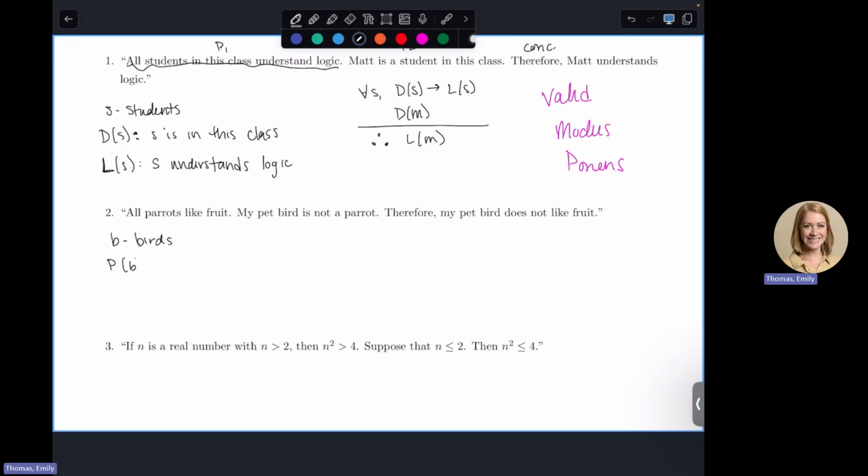Can we go with P of B, that the bird is a parrot? And then F of B would be that the bird likes fruit?